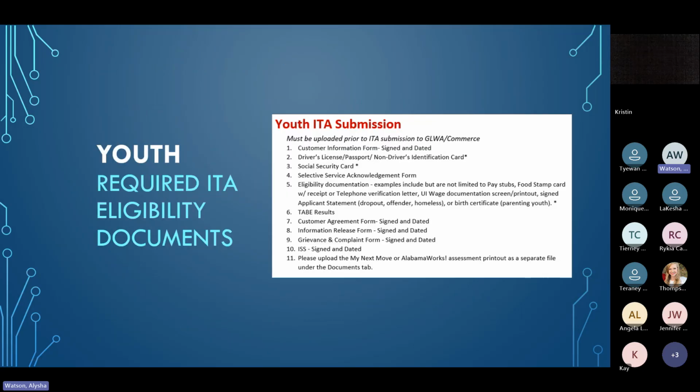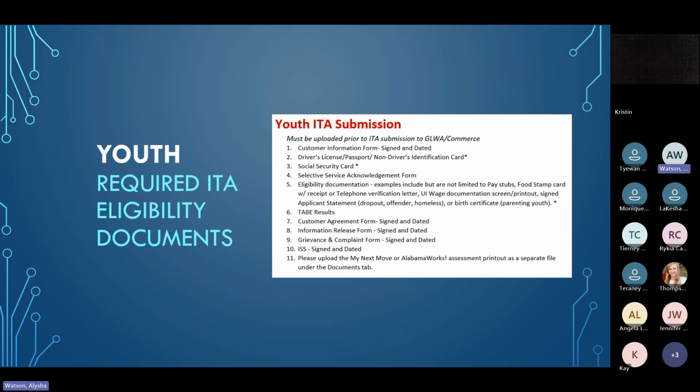All right, for youth, the required ITA eligibility documents. Again, this is everything that you would have collected at the beginning of their enrollment. If you're using the customer information form or the WIA application, their driver's license identification information, social security card, TABE results, their consent forms, which are the customer agreement forms, information release forms, and the grievance and complaint forms, also with their ISS.